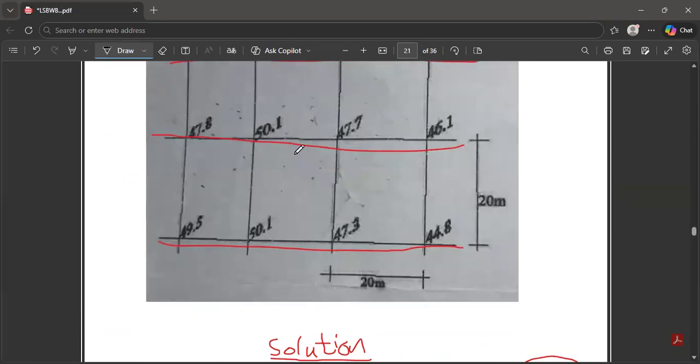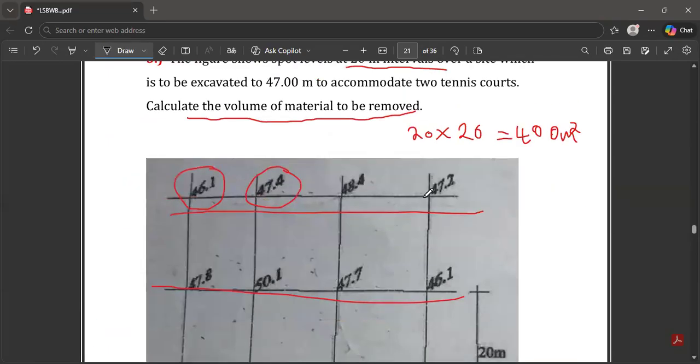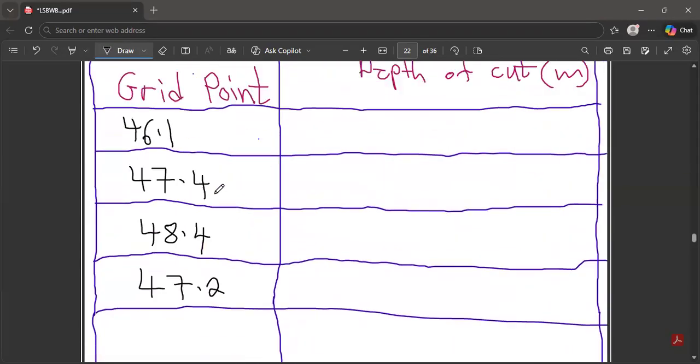This is the mobile on the first row. After 48.4, what do you have? You have 47.2. So that is it over there.